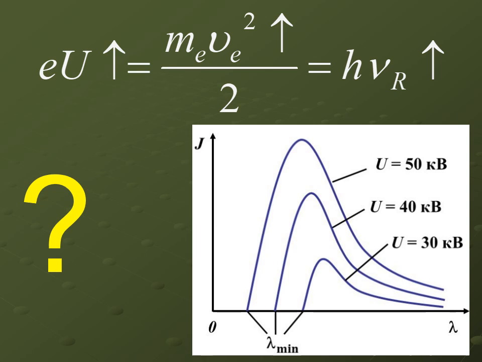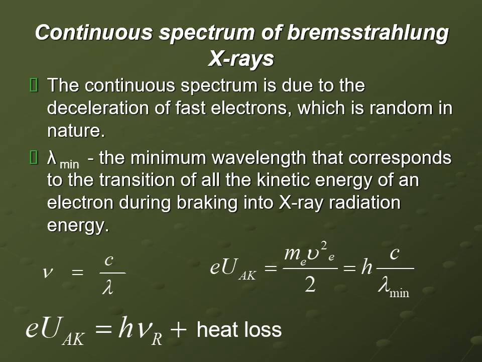The fact is that we have a random braking of electrons, so the degree of braking will be different. In addition, we have already said that the X-ray tube will heat up. Therefore, part of our energy will be converted into thermal energy.